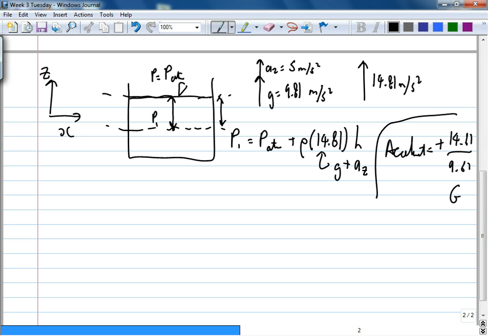If you accelerate at 9.81, then it's equal to 2G because 9.81 plus 9.81 divided by 9.81 will give you 2. Right? So this is 1 point something, I don't know, 5-ish. Approximately 1.5 G. Okay? Is that alright?